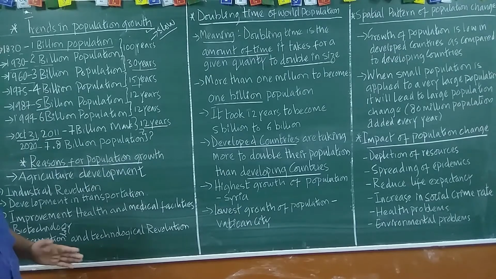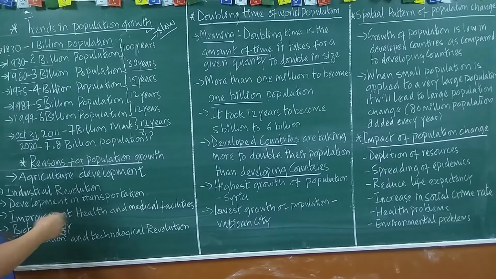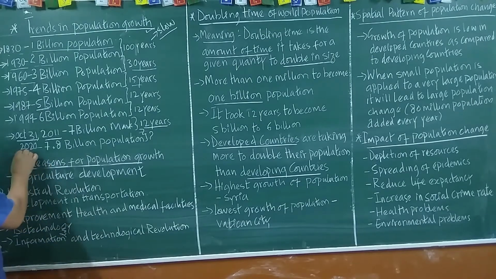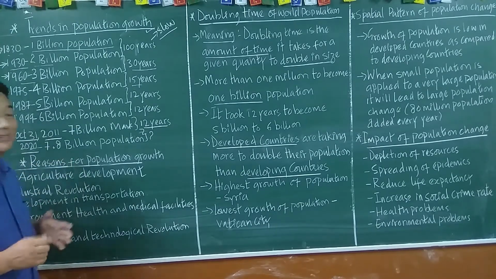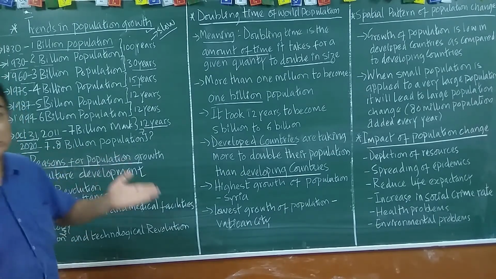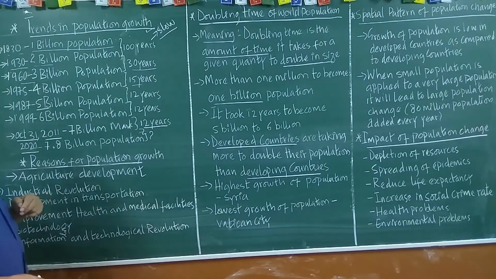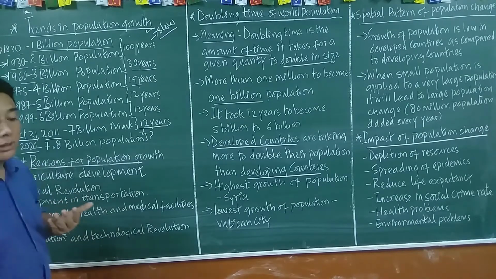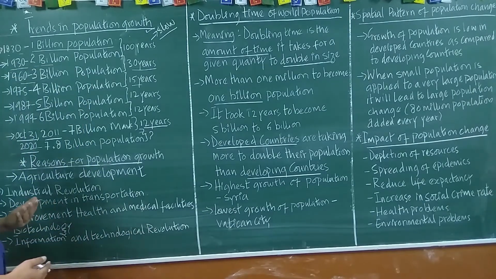Many people predict, estimate and calculate that by 2030 the world's population will become 7.8 billion. Otherwise, it will become 8 billion. India is going to cross China's population; many people predict that.